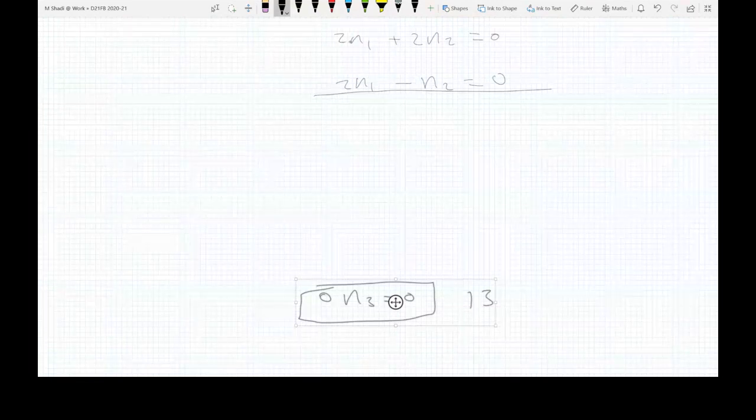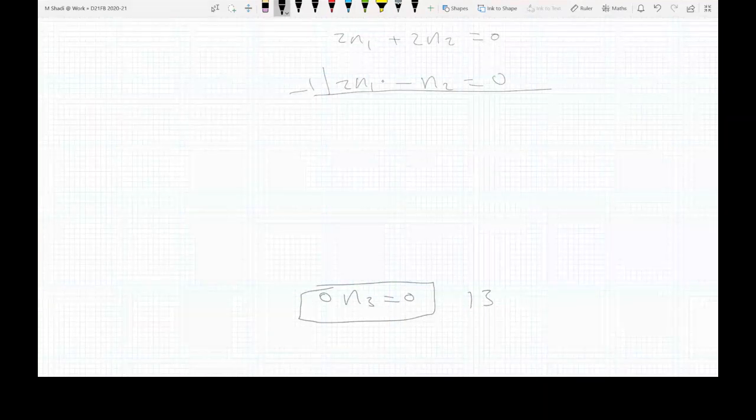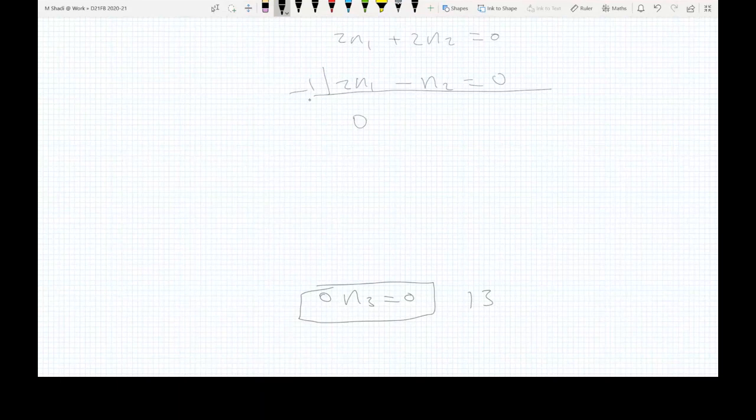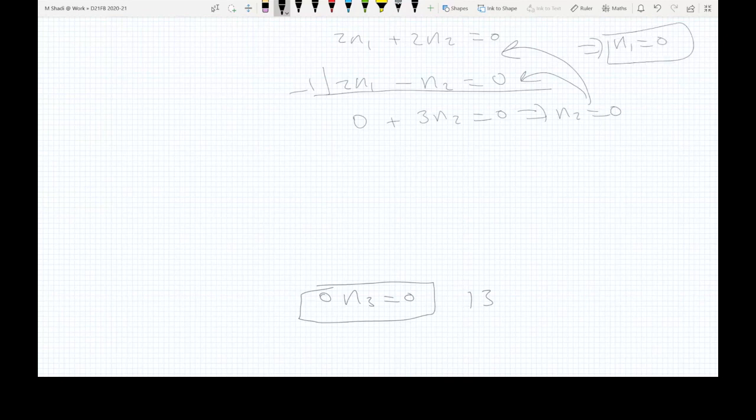I have 2n1, 2n1, so I'll multiply with minus 1 and add both of them. 2n1 minus 2n1 is 0. I have minus n2, 2n2, this is 3n2 is equal to 0. This will give me n2 is equal to 0. If n2 is equal to 0, you substitute either here or here. This will give you n1 is also equal to 0. So you have a very specific number for n1 and n2, and this is equal to 0.